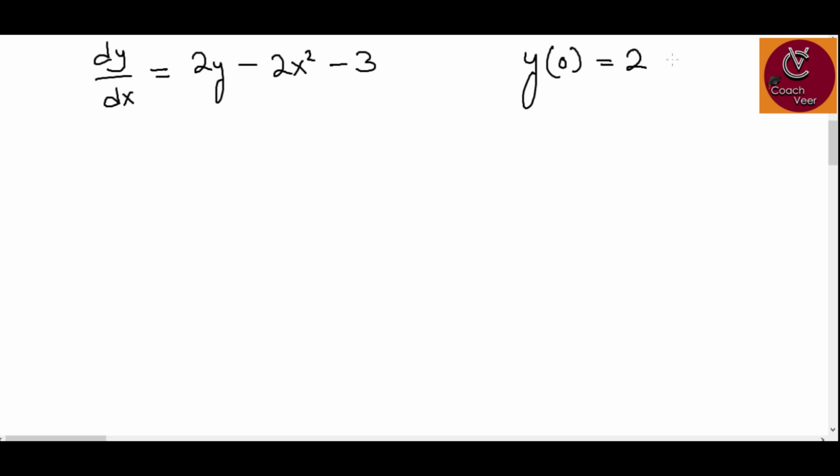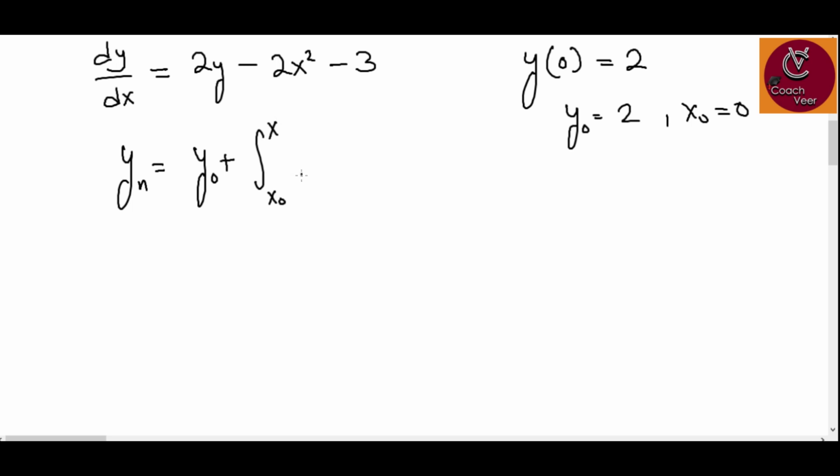First of all, we know that the y naught value is 2 and the x naught value is 0. That's our initial point. Now the formula for yn, which we know, is y naught plus the integral from x naught to x of f of x comma y n minus 1 dx.